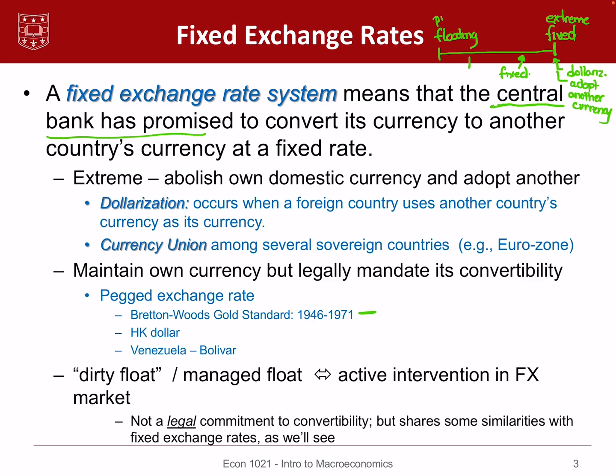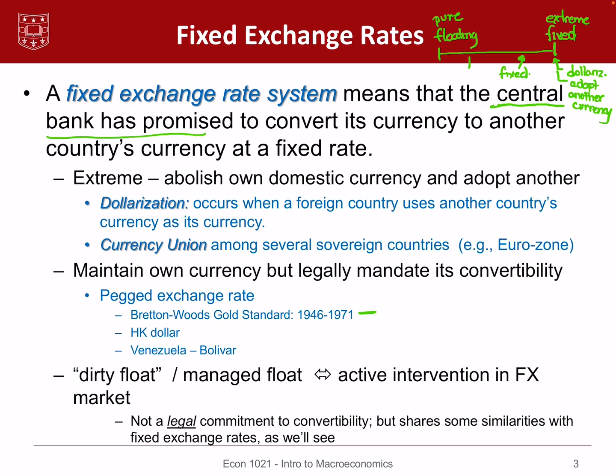So a pure float means that we let demand and supply strictly drive countries' currency values, and there is absolutely never an intervention in the foreign exchange market. So, as you might surmise, there is no country for which they have a pure floating exchange rate system. On the other hand, there are many countries that come close to this, and the United States would be one example of this.